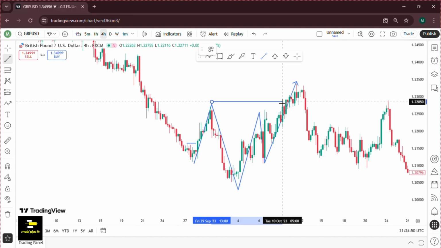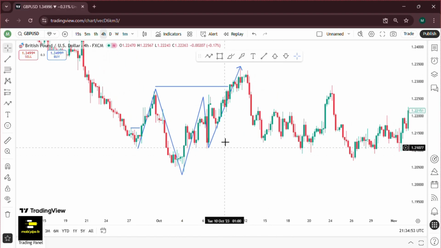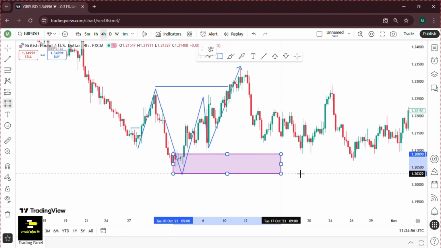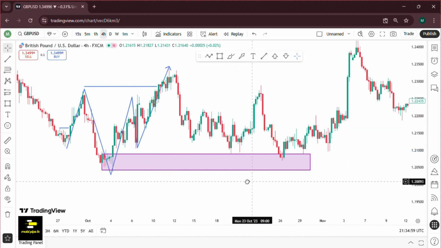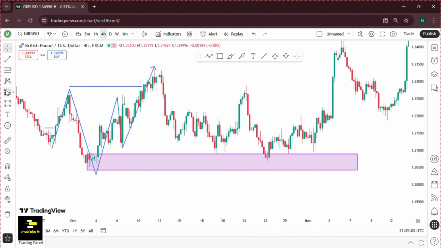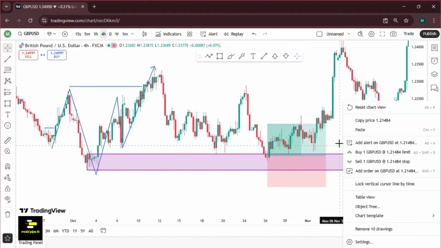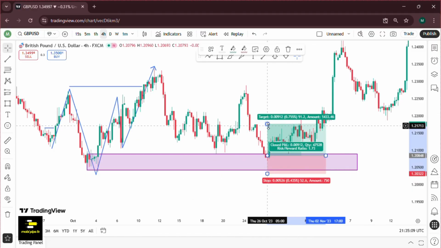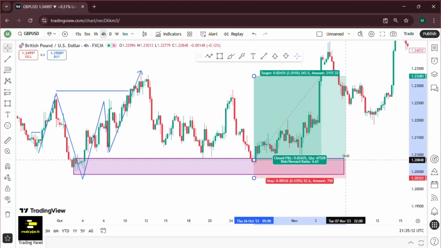This is our break of structure right here. Now what happens? We then take our position here for a buy. Then boom, this happens. Happens all the time.